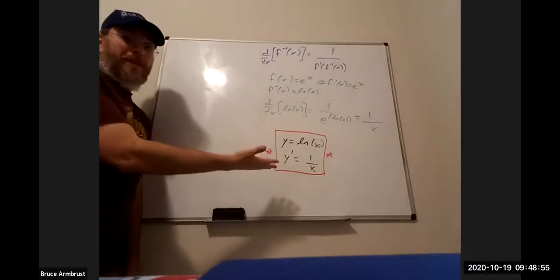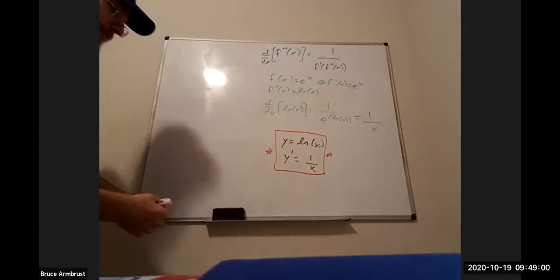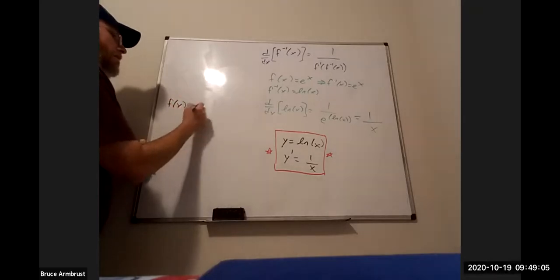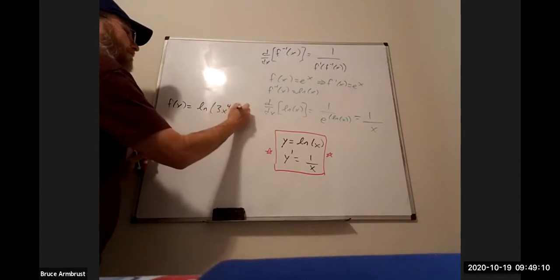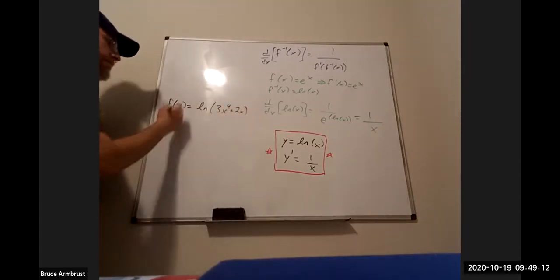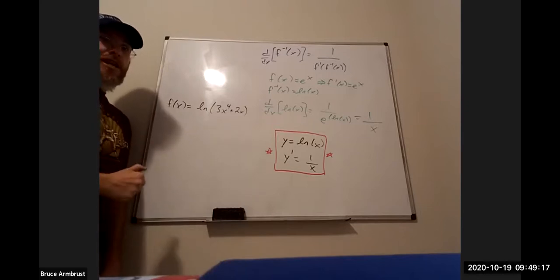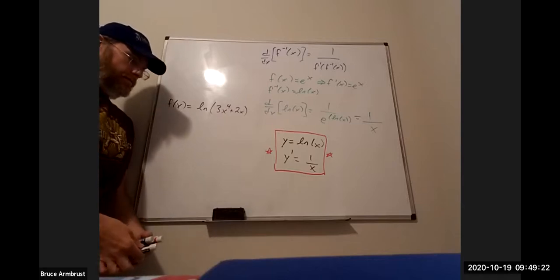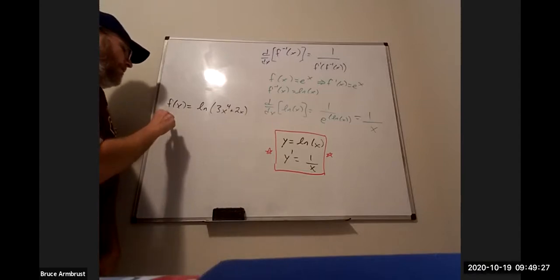So let's just play with some of these. So here's the derivative of natural log. All right, well, how about the derivative of this function then? What if we've got f of x equals the natural log of 3x to the fourth plus 2x? So to differentiate this one, again, we need the chain rule. So let's think about how the chain rule works. We differentiate the outer function.